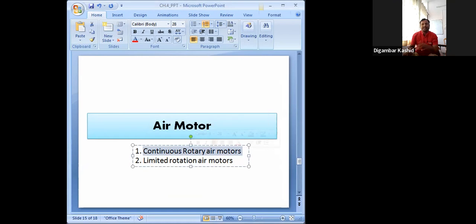Now the second is the vane motor. That vane motor will come under continuous rotary air motor as well as limited rotation air motor. Now, vane motor means what? In the vane motor, the rotary motion is produced through the vane.